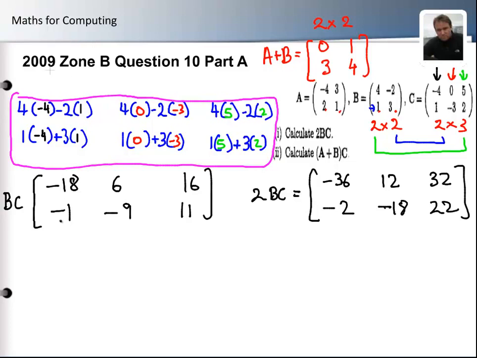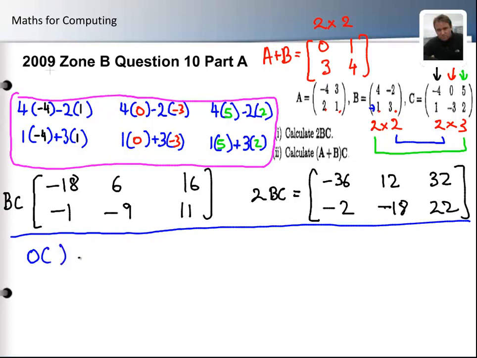So we're going to do something very similar to what we've just done previously. We'll put a line through this here and start down the bottom. 0 plus 1, 0 plus 1, and 0 plus 1.